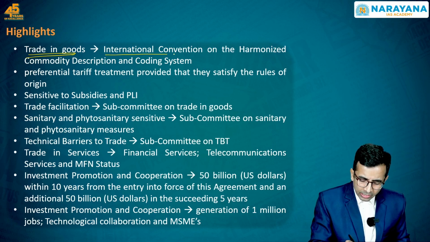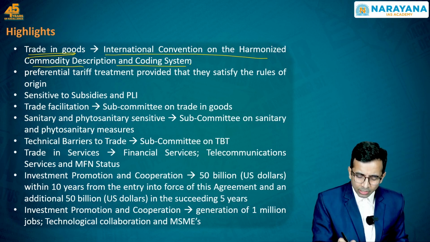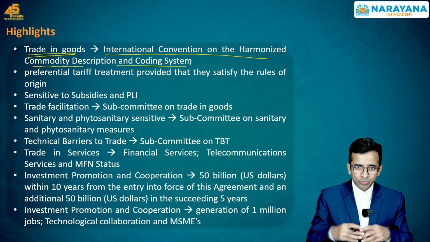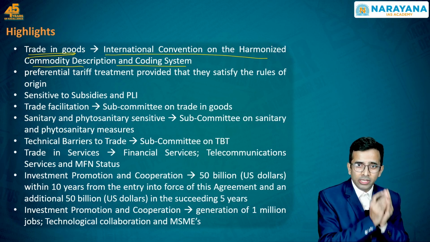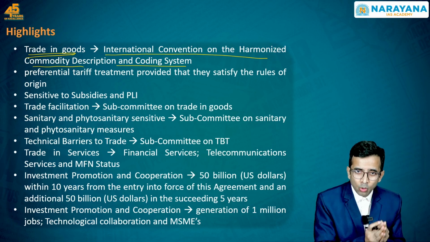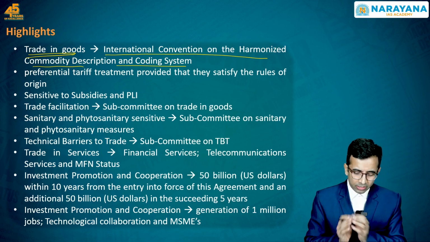They say that the International Convention on the Harmonized Commodity Description and Coding System, which has been adopted for such trading purposes, has been accepted as the standard in order to allow trade in goods, as you see in this part of the agreement. Number one.